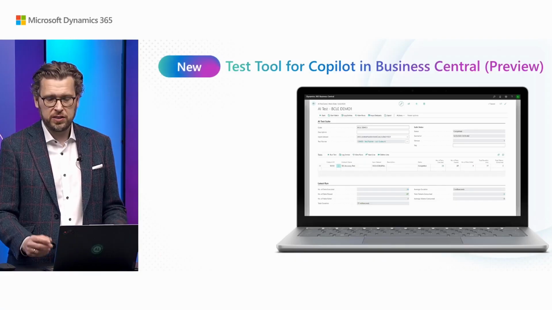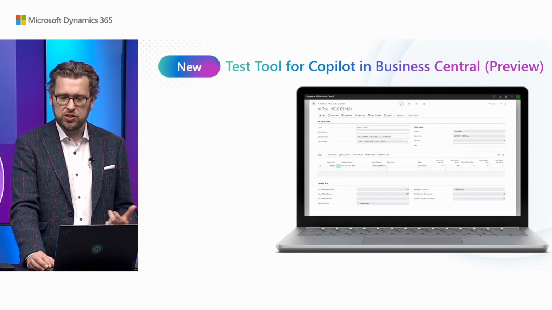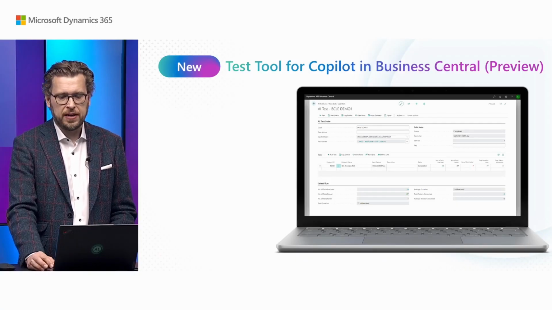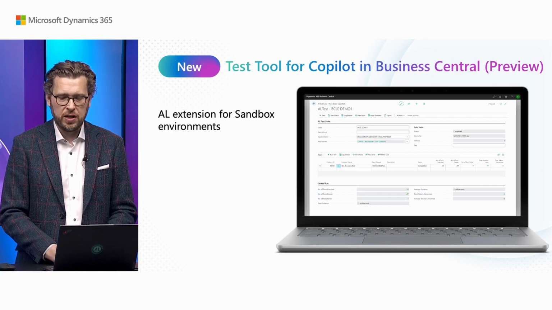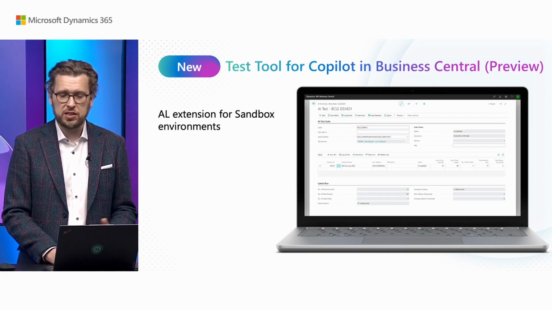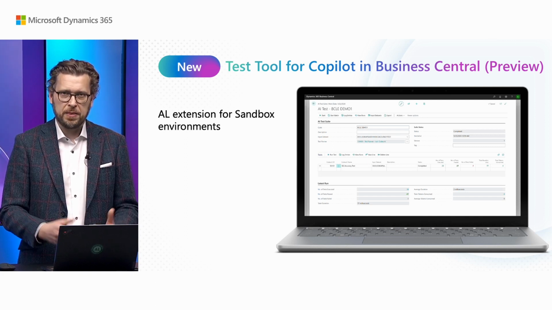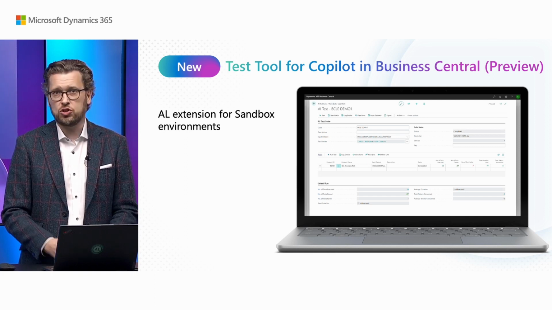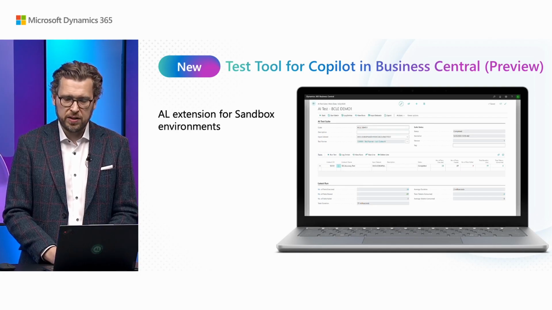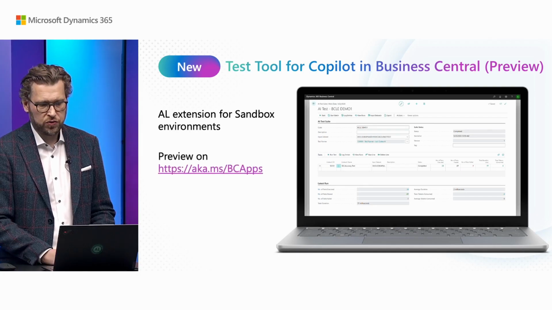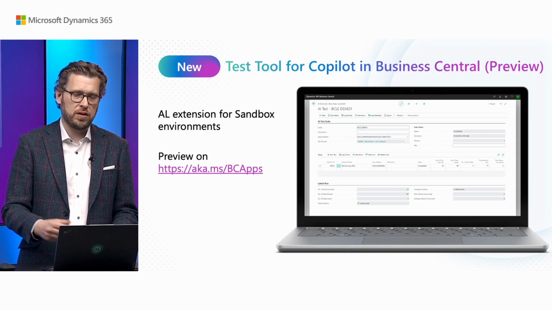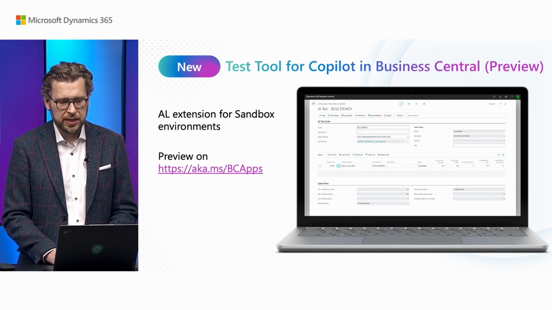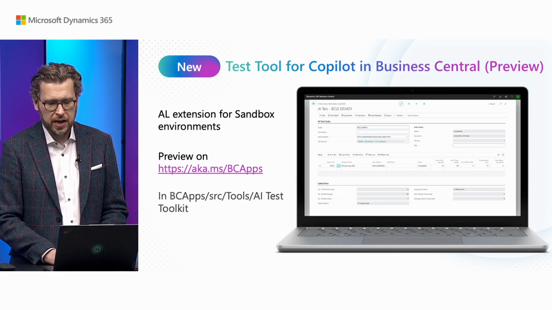So in this release, we are introducing the Copilot Test Toolkit in preview that allows you to test Copilot features in an efficient way, including managing test suites, datasets, and data-driven testing. It's an AL extension that can be installed in a sandbox environment, and you can find the source for this in our BC Apps repo on aka.ms/BCApps under the AI Test Toolkit folder.